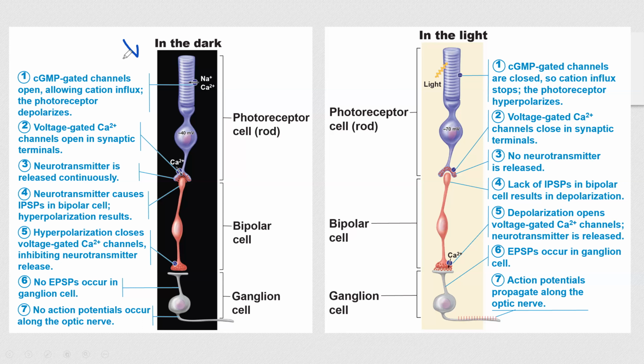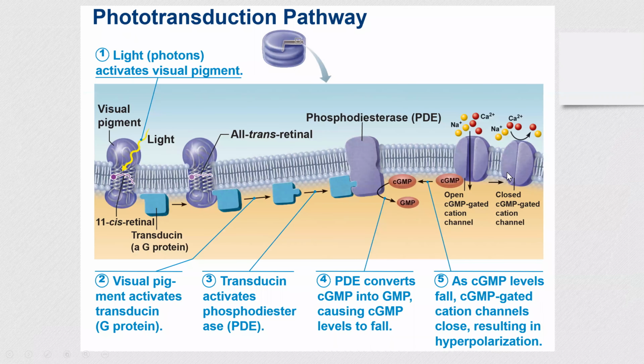But in the dark, you don't see stuff. So now what's going on? Actually, in the dark, we have cGMP gated channels that are open, right? So let me remind you, when the light strikes, you close the channel. The light closes the channel.